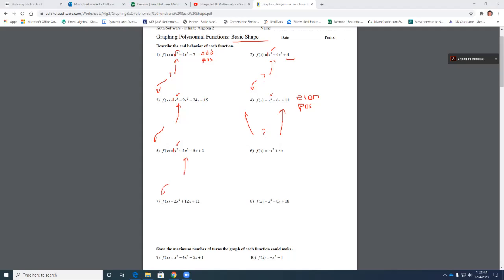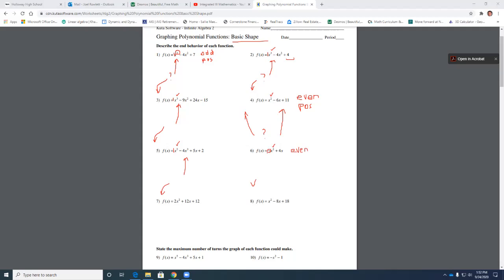What about number 6? If you look at number 6, the highest power is 2, which makes it an even function. And this time, the leading coefficient is negative. We have an understood negative 1 here, right? So this is going to be tails in the same direction.